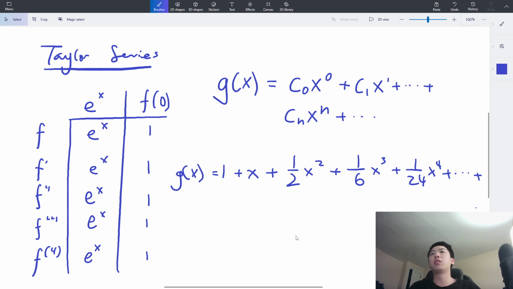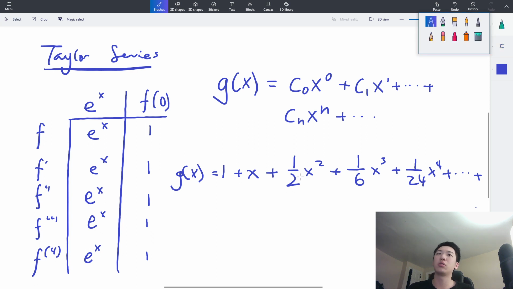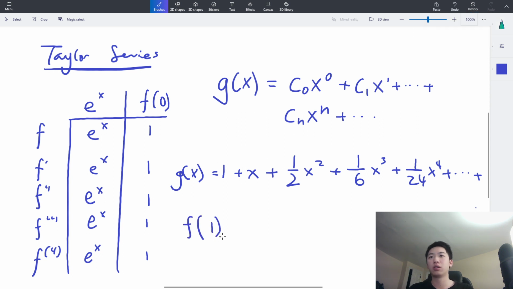So what are the key takeaways here? Well, Taylor series are a way to approximate values. Actually, we should maybe run a value check. So let's see what is e to the first. So basically, what is f of 1? So from here, we're going to write approximates g of 1.